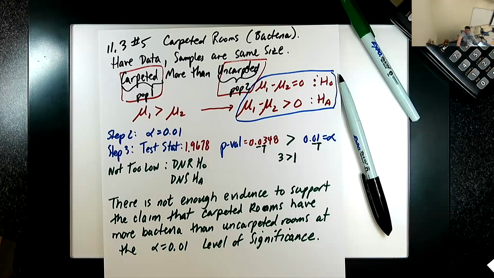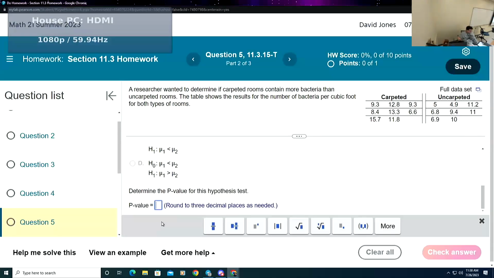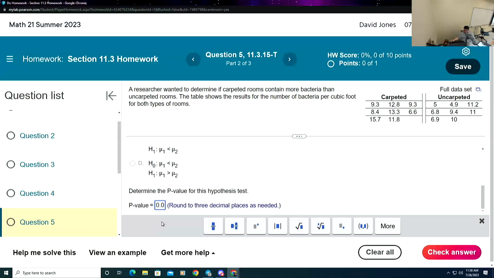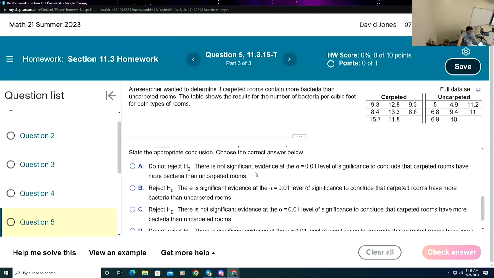alpha equals 0.01, that's what they get. The p-value was 0.035 to 3 decimal places. And we decided we are not rejecting H0.